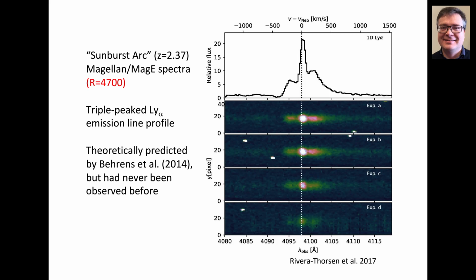To see this, you need a pretty high spectral resolution, like 4,700 in this case. Well, so spectral resolution is really, really valuable. It doesn't have to be more than about 2,000, but at that level.